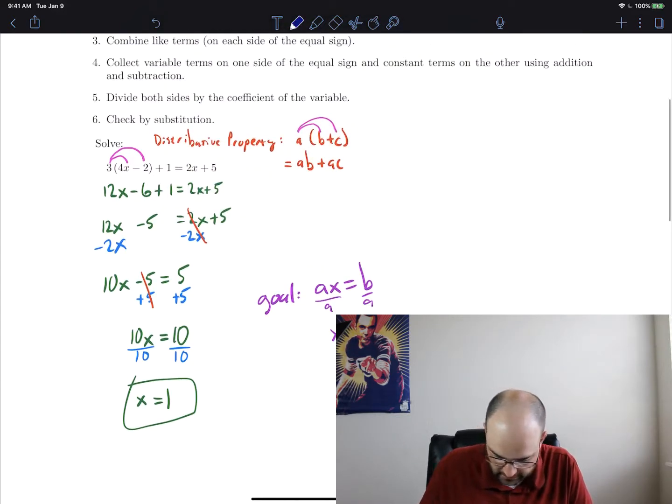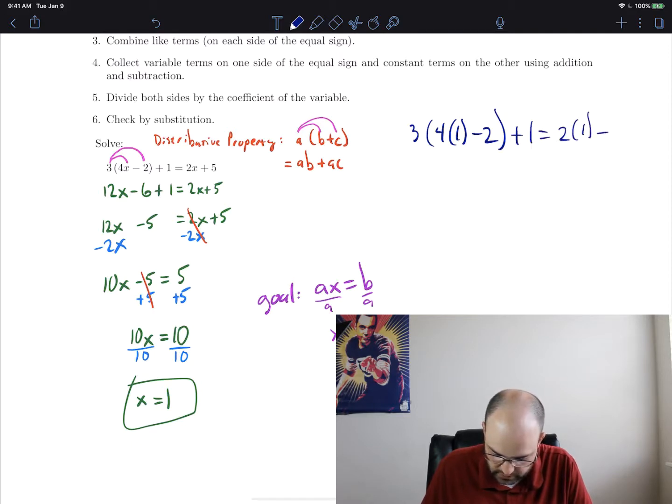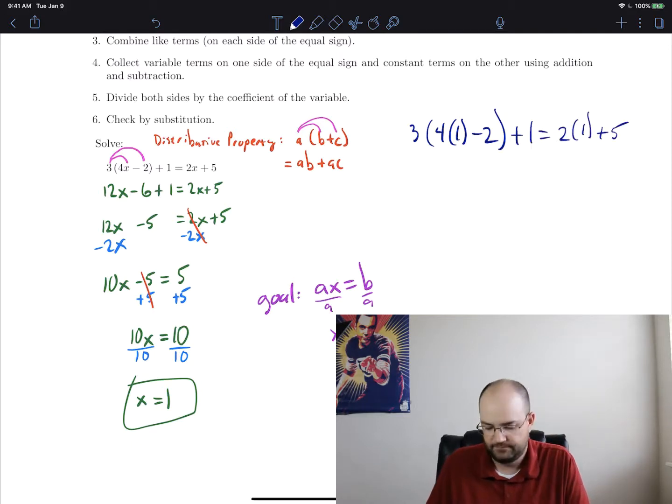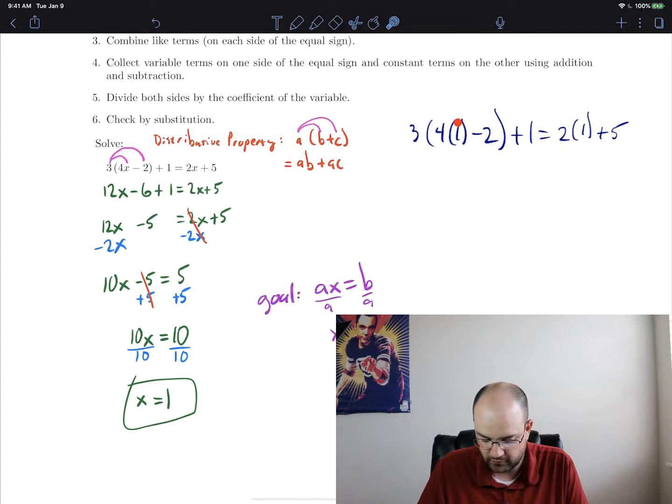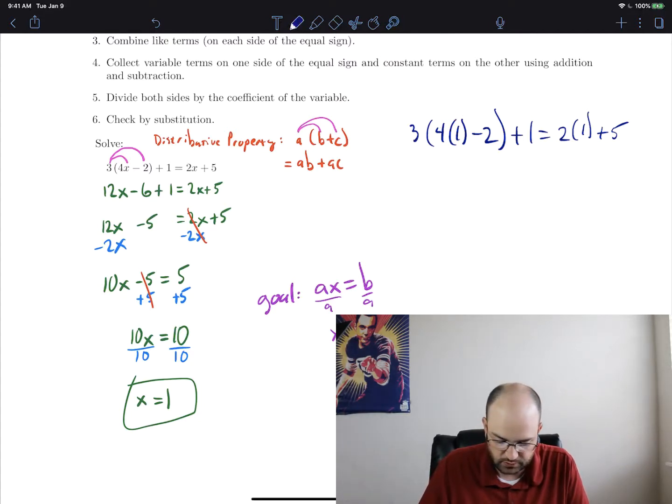Okay, so we have 3 times the quantity 4 times 1 minus 2, plus 1, equals 2 times 1 plus 5. And then just simplify each side using the order of operations. 4 times 1 is 4. 4 minus 2 is 2.